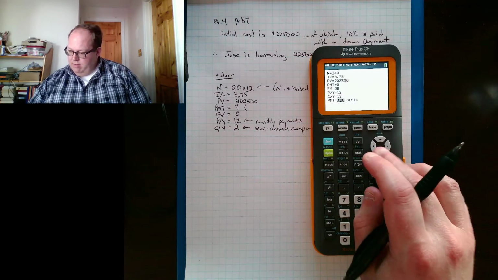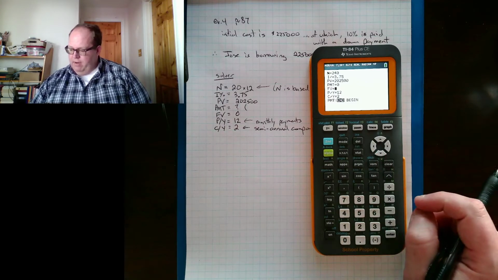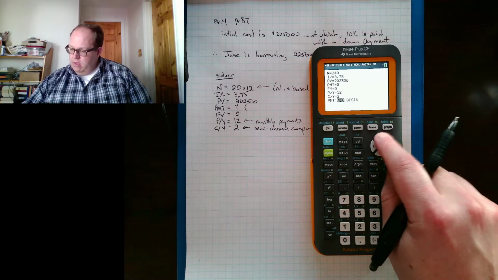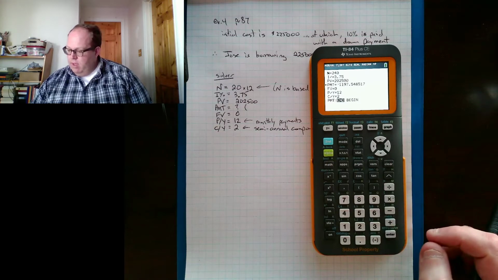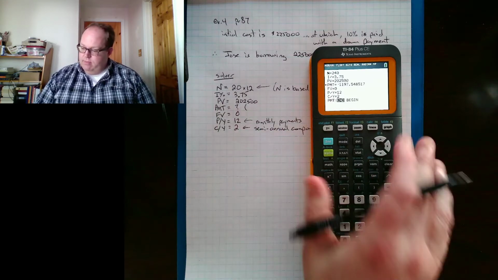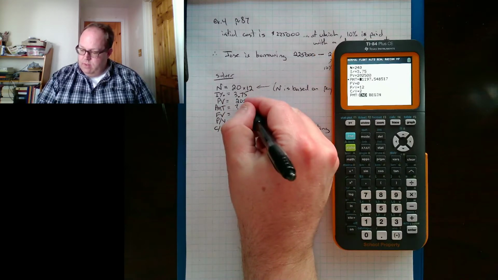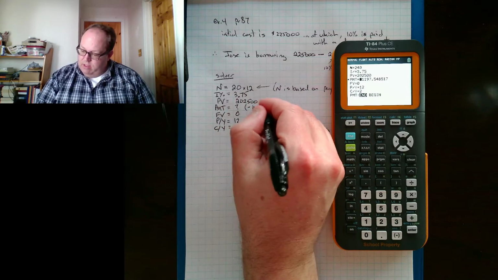Future value drops down to 0, 12 pay periods per year, 2 compounding periods per year. Put that all together, I can solve for the monthly payment amount, $1,197.55. Notice that it's negative because that's money Jose is paying out each month.